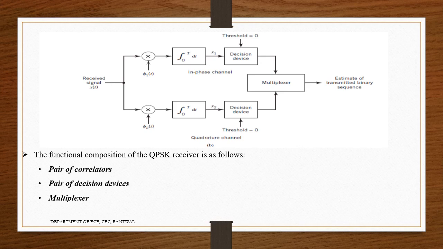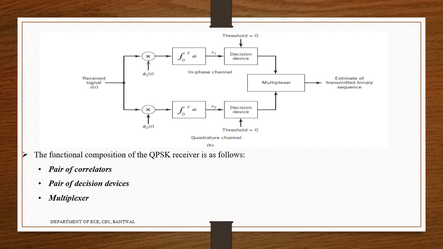So what is remaining? The amplitude of the in-phase component will be given here, and the amplitude of the quadrature phase component will be given here. Then we get x1 and x2. Depending on whether it is greater than 0 or less than 0, 1 and 0 are classified.